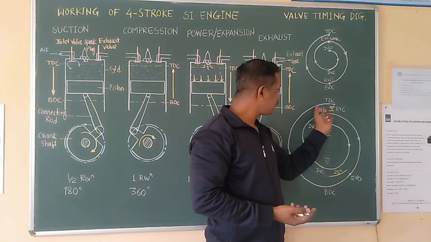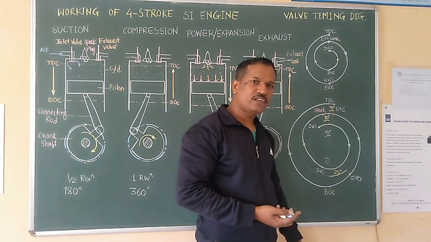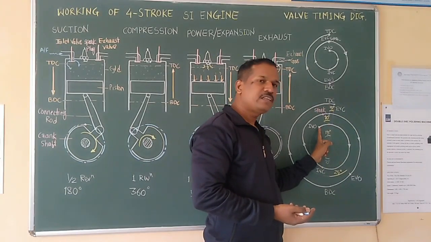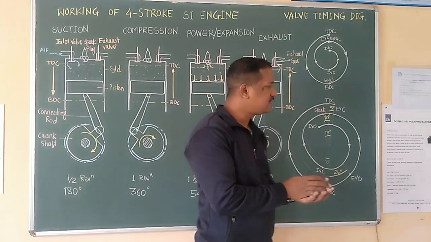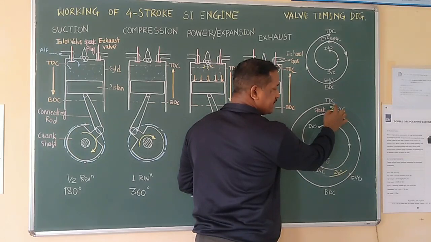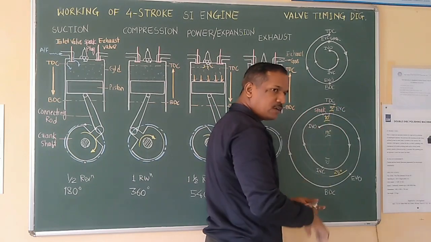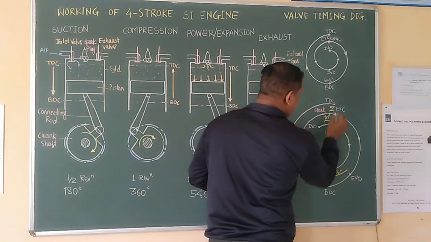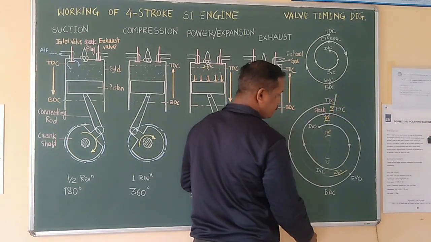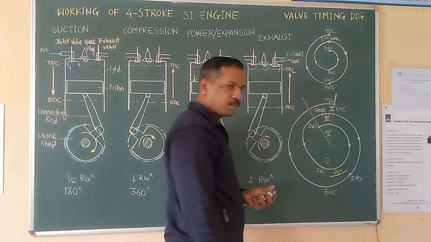But when the exhaust valve closes 5 degrees after TDC, the second cycle inlet valve has already opened, and as per the diagram, the second cycle inlet valve opens 15 degrees before TDC. So the first cycle ends 5 degrees after TDC, and when the second cycle starts, its inlet valve opens 15 degrees before TDC.